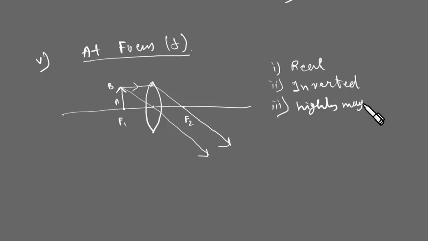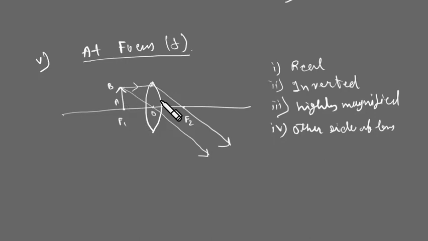Highly magnified means the object is very small and the image, we don't know where it meets. That means it meets at a very large distance from the optical center O, and that will be a huge image. And then fourth, again it is on the other side or opposite side of the lens.